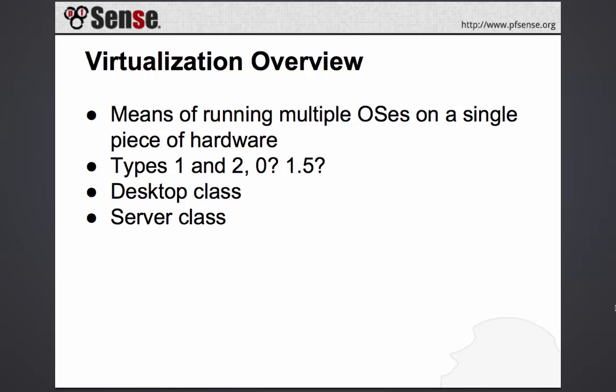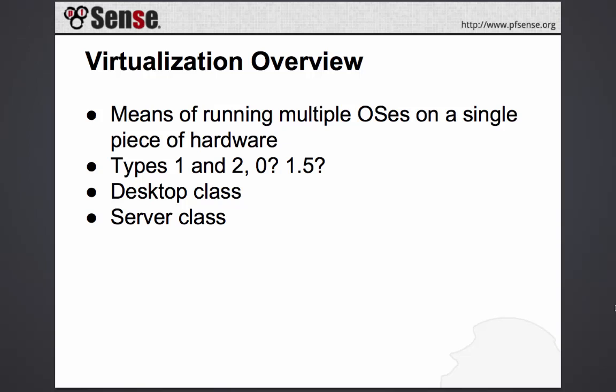Originally, they were classified as type 1 or type 2, at least as we're talking about x86 architecture, not going back to the old mainframe style virtualization, where type 1 and 2 differentiates between a hosted hypervisor that runs on top of another operating system and one that's bare metal that does not actually have an operating system that it runs on.